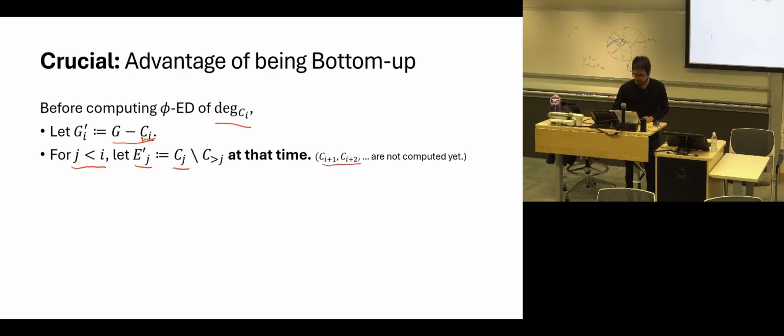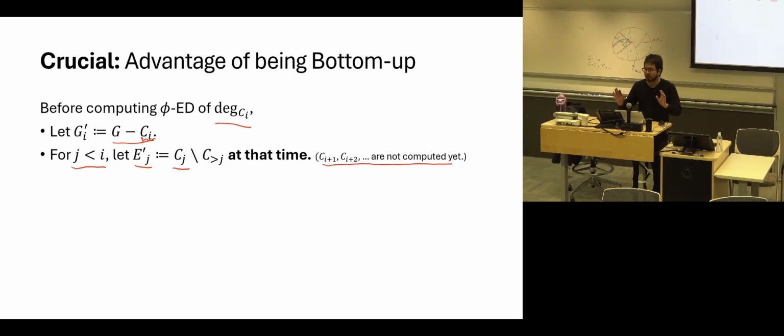I plus 1, I plus 2 were not computed yet. I just look at the edges at level j but not above, to be Ej prime.